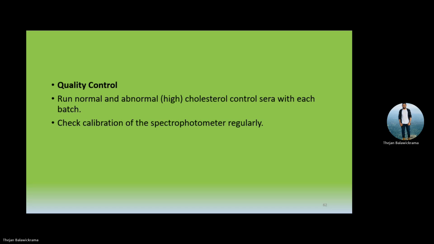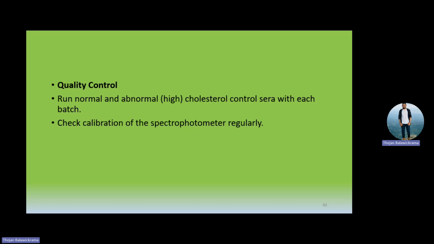Right. As always, during this biochemical test, the quality of the test has to be definitely maintained. When the quality is not maintained properly, we can't rely on the figures that we get. So, what do we do? Run normal and abnormal cholesterol control serum with each batch, right?